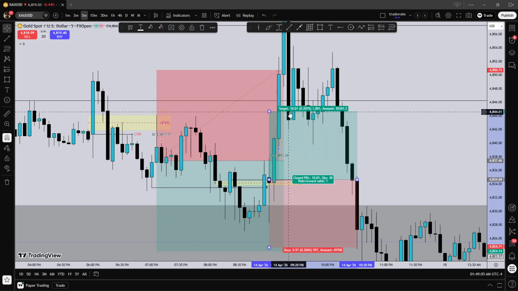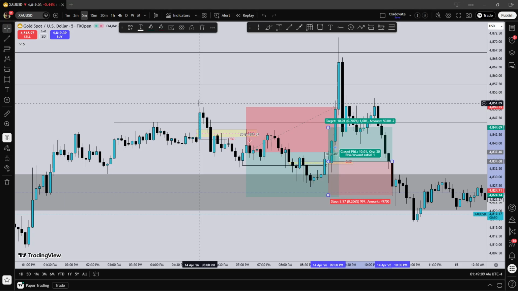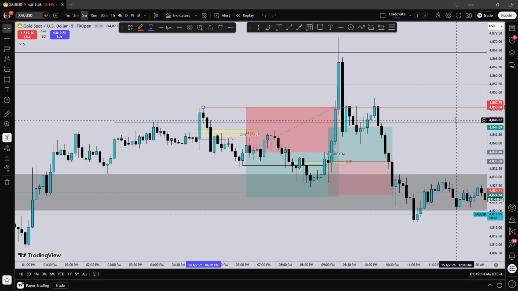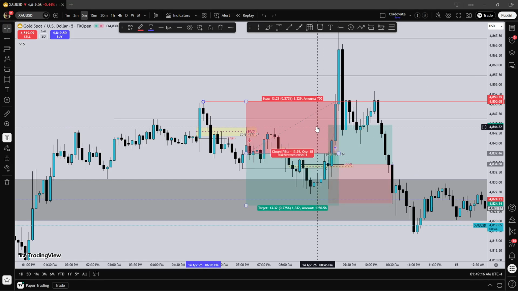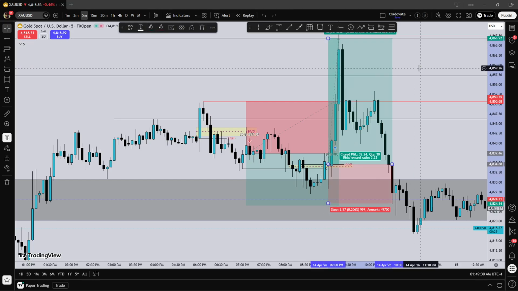I would have gotten a 1 to 1 right here, price trading up to this high. That's a 1 to 1.6. To this high, it's a 2 to 3. And then this high, it's a 3.23.